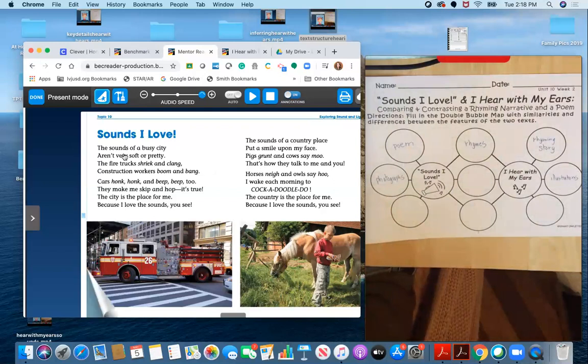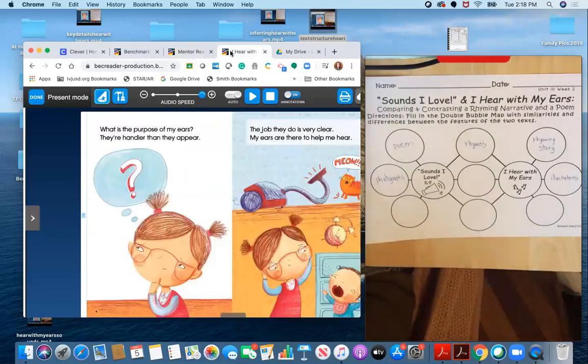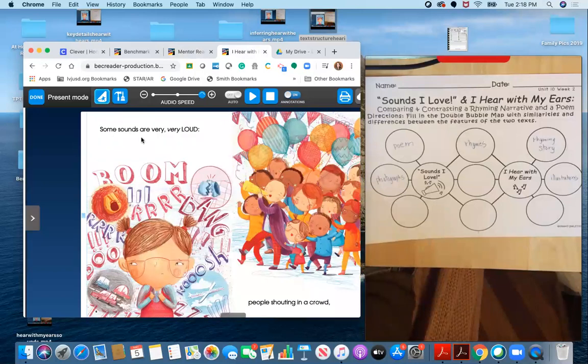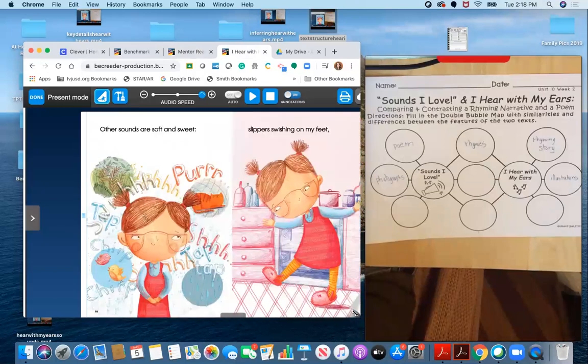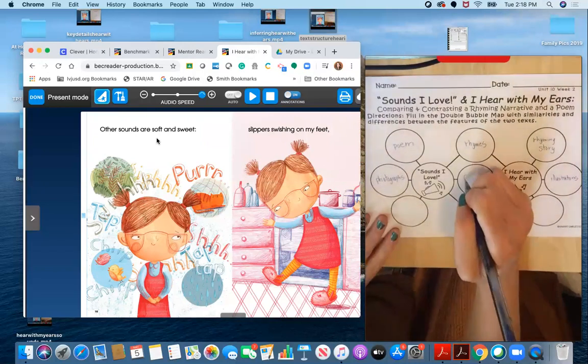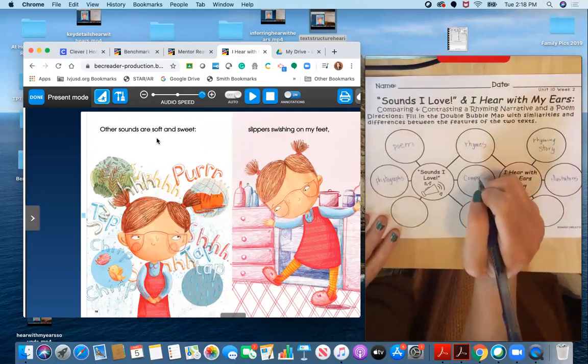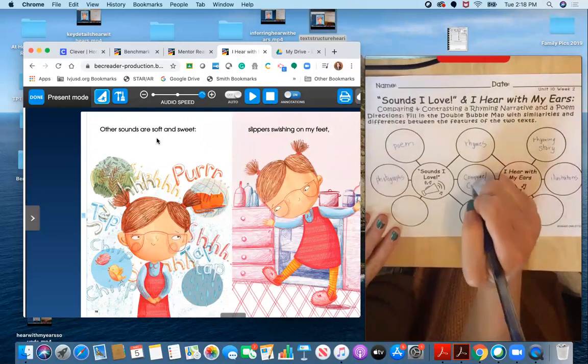So this one, Sounds I Love, was talking about city sounds versus country sounds. And this one, I Hear with My Ears, if you remember, was talking about loud sounds and soft sounds. So both of those used a compare contrast structure in the text.